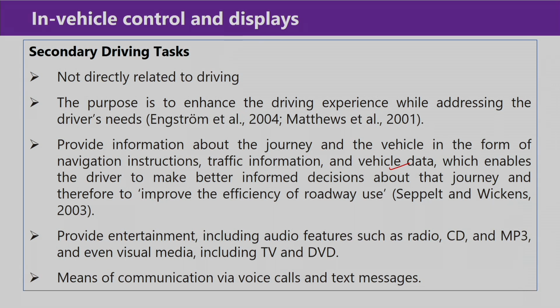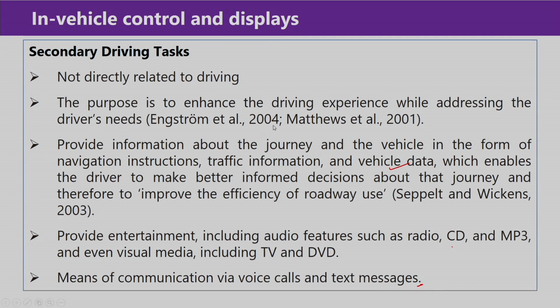There are various references from which we got this information. Then it provides entertainment, including audio features such as radio, CD, MP3 and even visual media including TV and DVD. These various controls and displays also help in communication via voice calls and text messages.